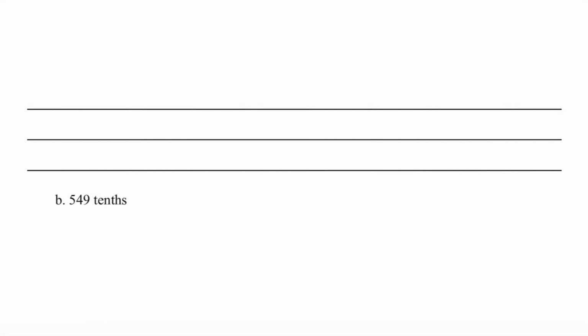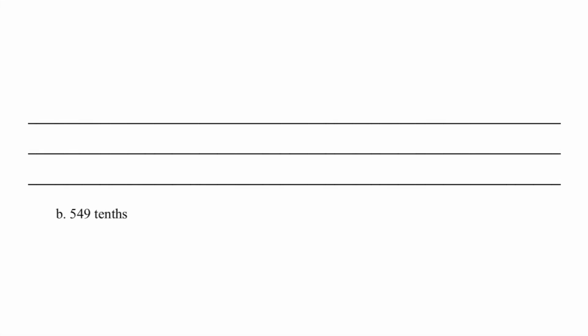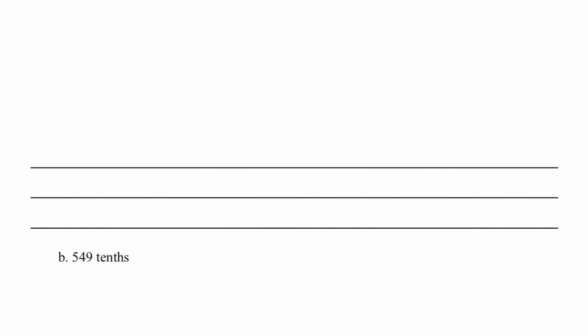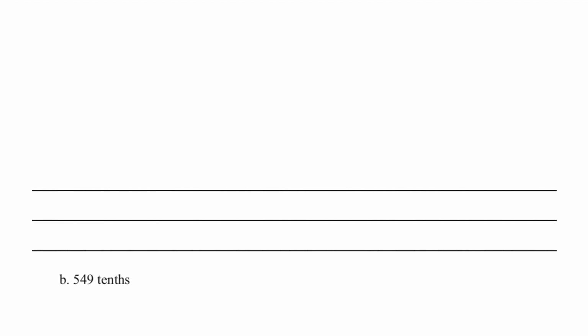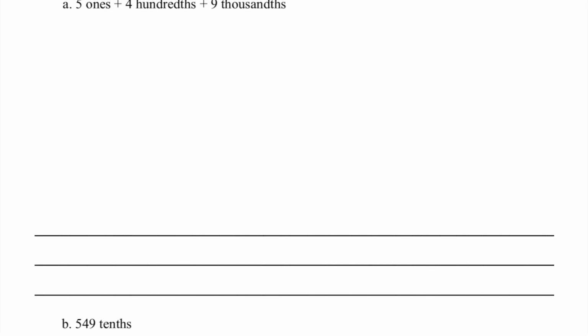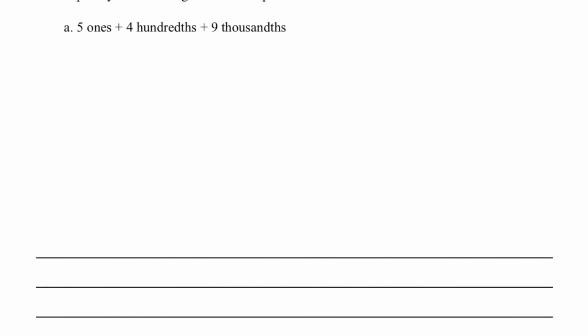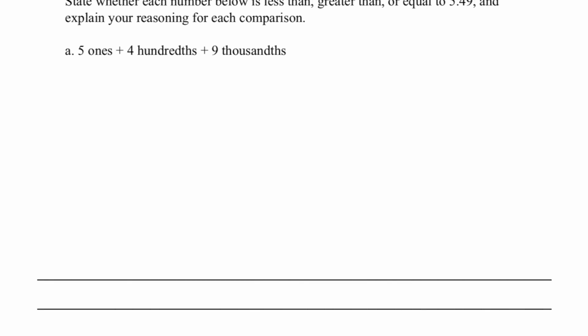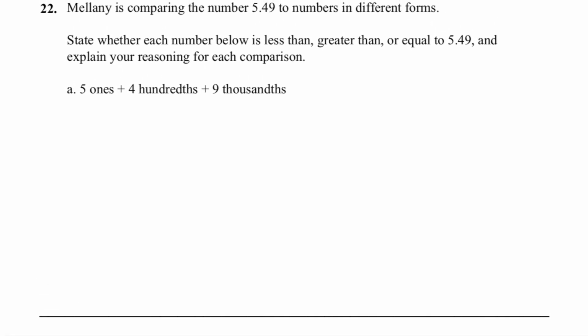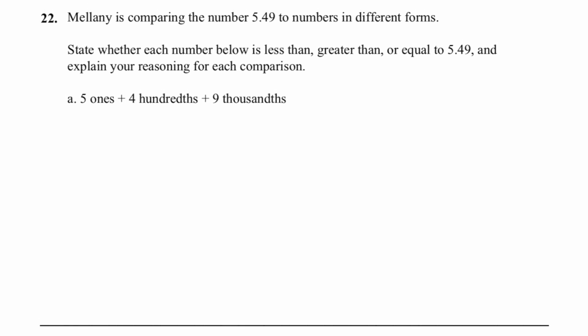Number 22. Melanie is comparing the number 5.49 to numbers in different forms. State whether each number below is less than, greater than, or equal to 5.49 and explain your reasoning for each comparison. A. 5 ones plus 4 hundredths plus 9 thousandths. B. 549 tenths.